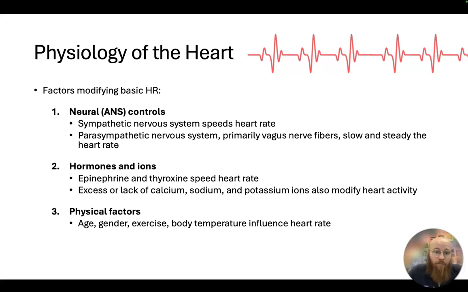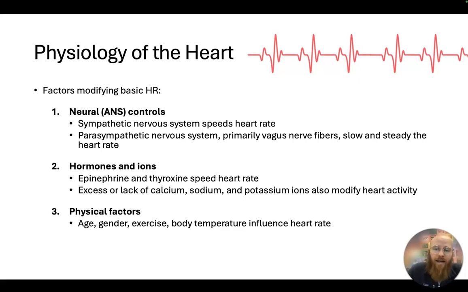Parasympathetic, coming primarily via vagus nerve fibers, is going to be that rest and digest, right? If we're at rest and we can relax a little bit, we will slow our heart rate. Externally, we also have hormones and ions in our bodies that can affect heart rate. Epinephrine and thyroxine, a couple of those hormones that we discussed in Module 1, are going to work to speed up our heart rate.